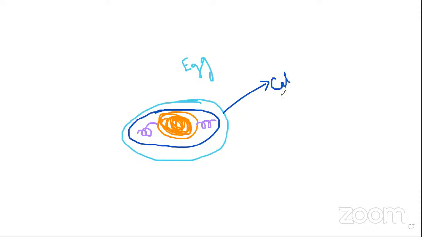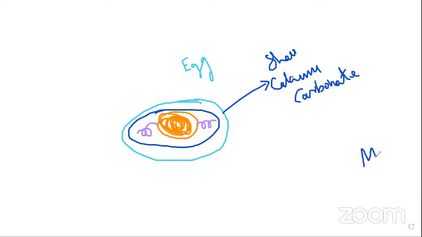The outer shell is made up of calcium carbonate, simply called the egg shell. It is made up of calcium carbonate. You know the difference between calcium carbonate and calcium phosphate.